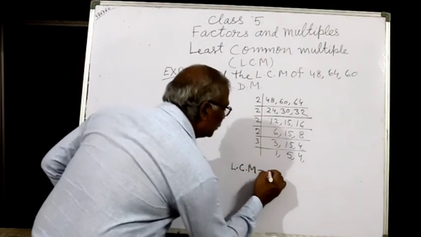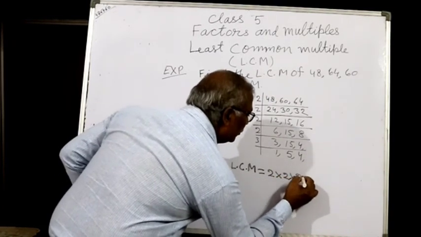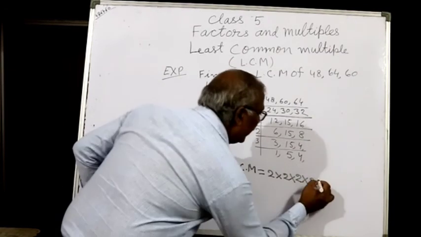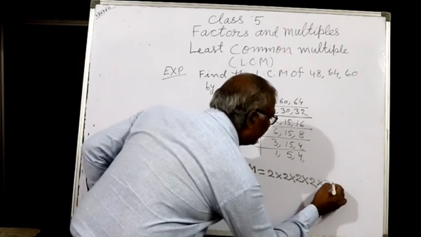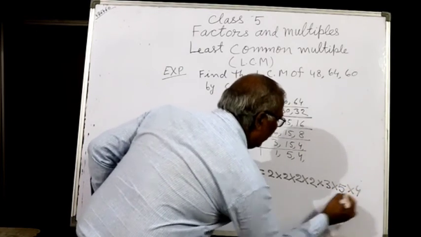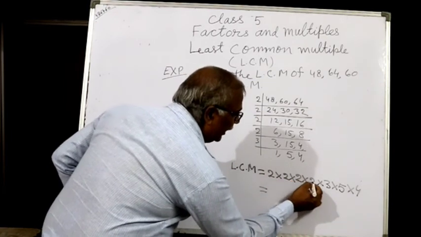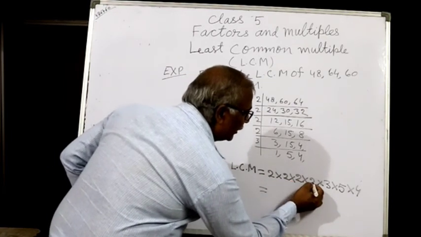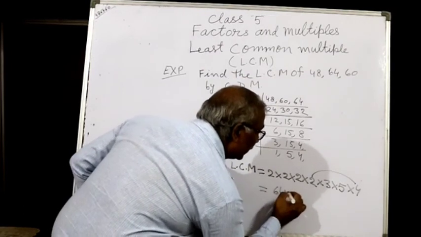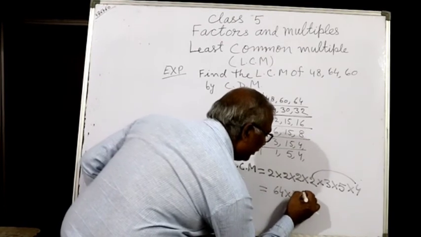LCM is equal to 2 into 2 into 2 into 2 into 3 into 5 into 4. 2 2s are 4, 4 2s are 8, 8 2s are 16, 16 4s are 64. 64 into 5 into 3.